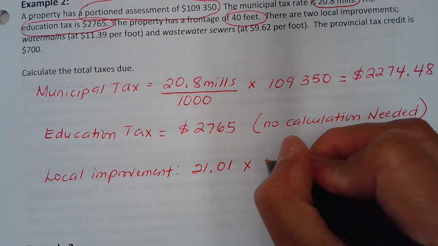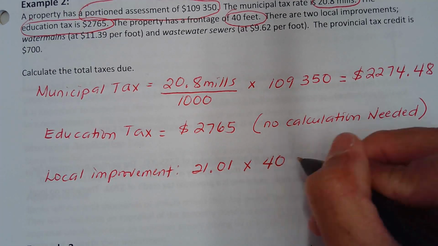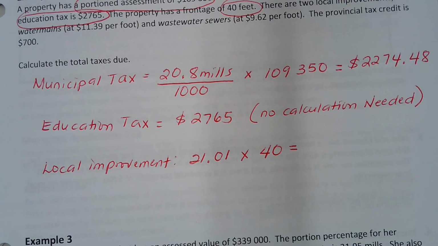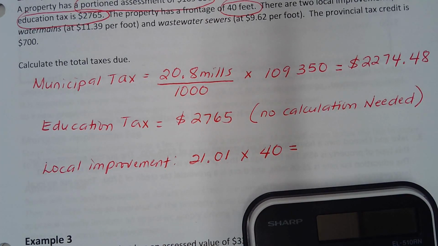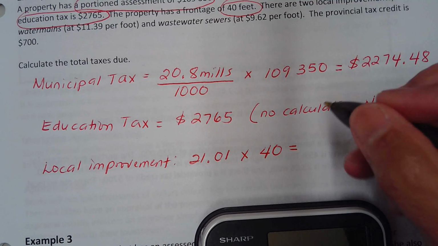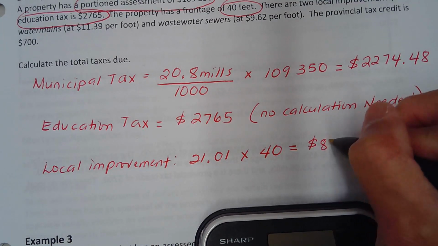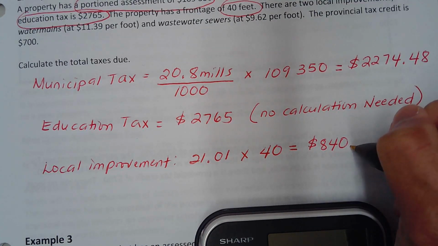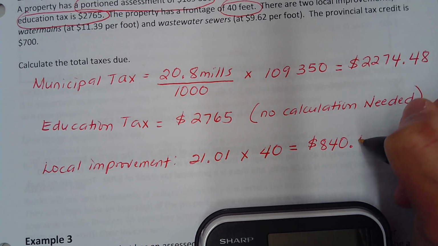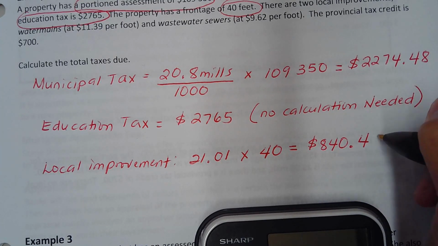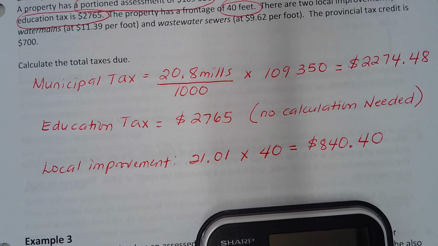So $21.01 times 40, and I got 840.4, but I have to add the 0 to make it look like 840.40. So far so good.